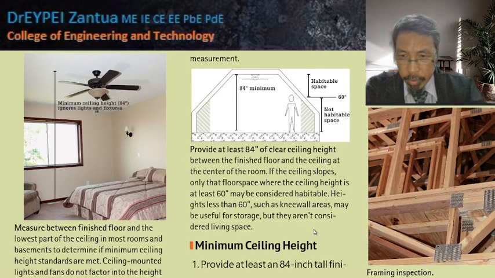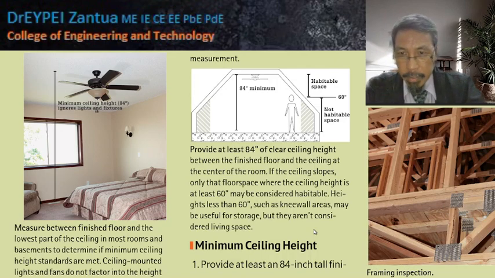Measure between the finished floor and the lowest part of the ceiling in most rooms and basements to determine if minimum ceiling height standards are met. Okay, so minimum ceiling height 84 inches, again 2 meters.